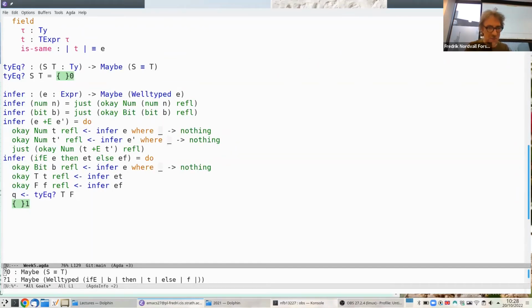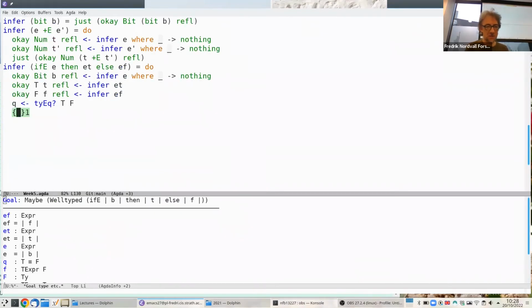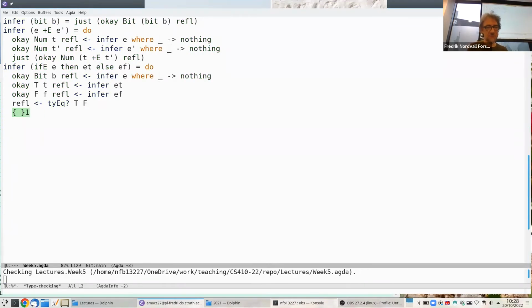Okay, so what's just happened? I'm checking that it's fit for purpose before I bother to implement it. So if I'm lucky, I get a proof that T equals F. Still Q here, right? Right. And now I do the usual thing. I refine that to REFL. It's the only choice.